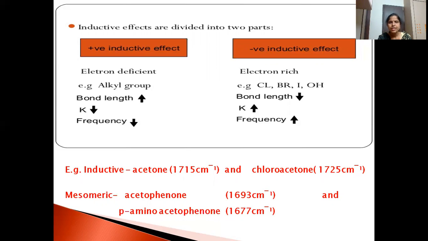The amino group has a lone pair of electrons. Those lone pair electrons can be delocalized into the benzene ring and then towards the C=O group also. So the bond length will increase, the K value decreases, and the frequency also decreases. So when we have an amino group, the bond length increases and the frequency decreases.